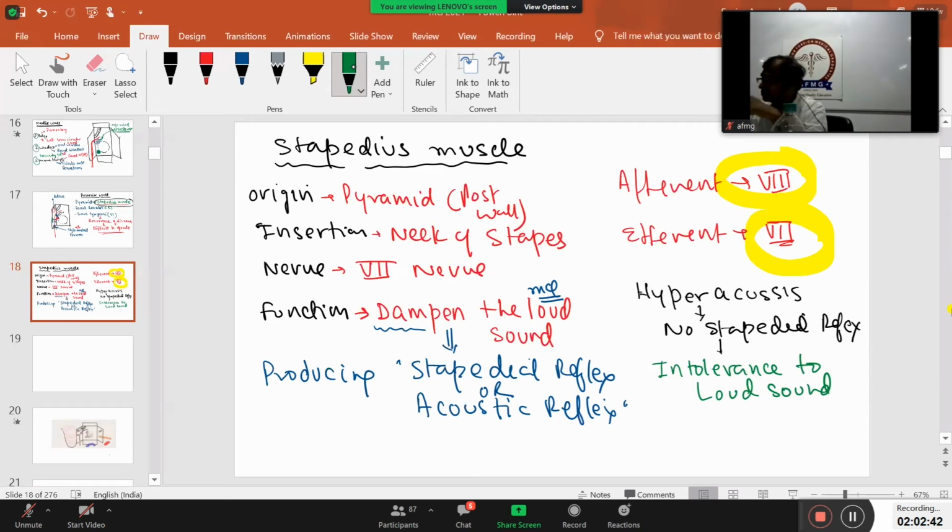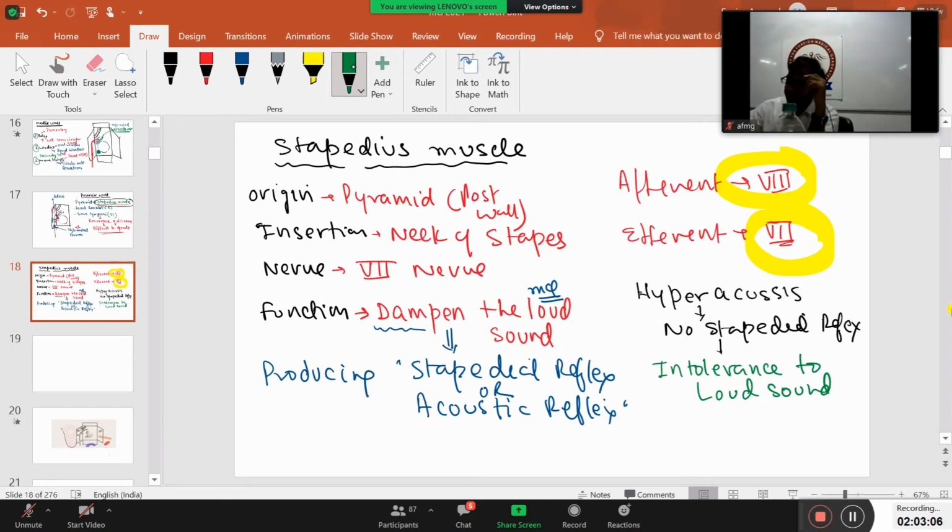So what is damaged? If a person comes to me and tells me normal conversation, I'm okay, but when there is a loud noise, I get irritated. What is damaged? It could be stapedius muscle, it could be seventh nerve, it could be eighth nerve, or a combination of any of the three. At least one of the three gone will have a hyperacusis, right? And how do you find out?